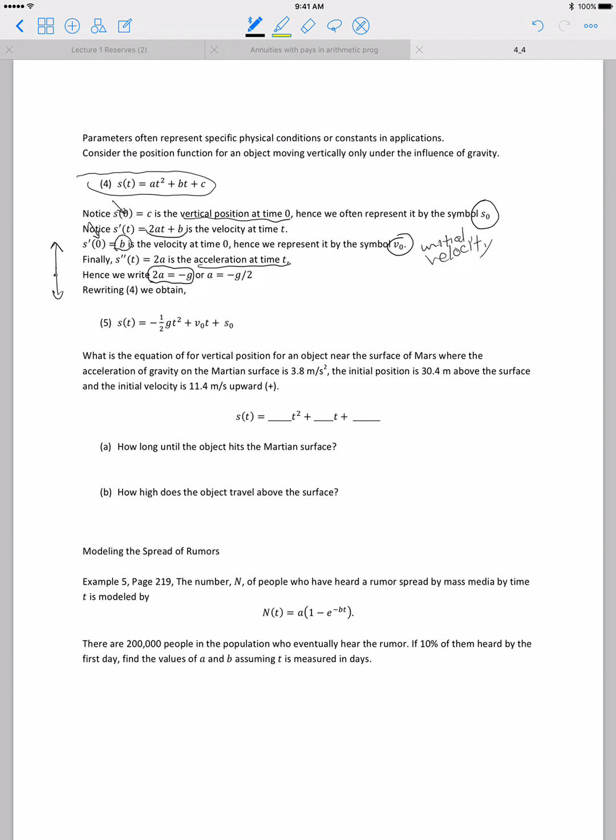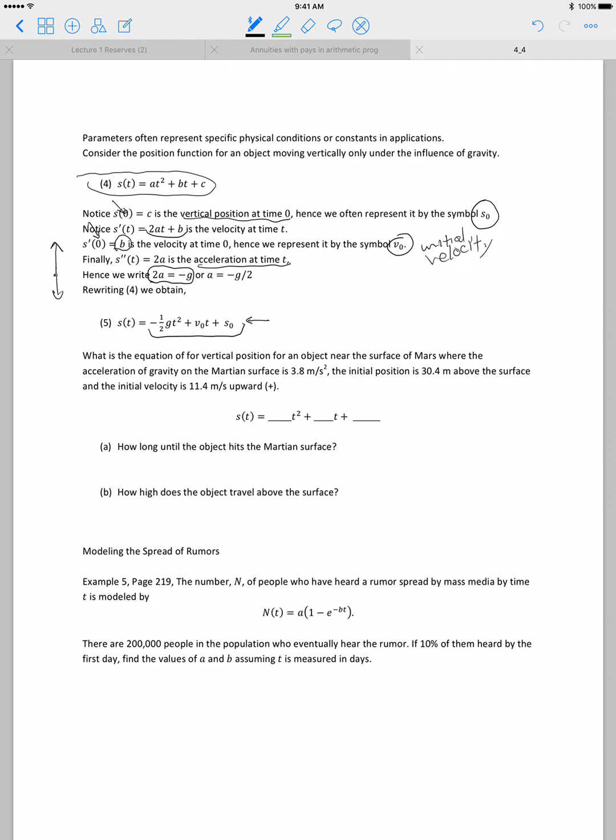So if I solve for a, I get a is minus g over 2, and then I substitute all my representations of the physical quantities back into my expressions for a, b, and c, and this is what my vertical position function looks like: negative 1/2 g t squared plus v naught t plus s naught.